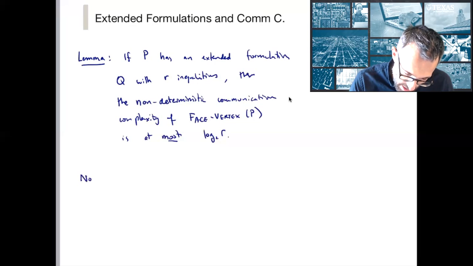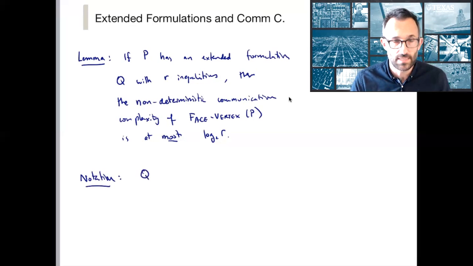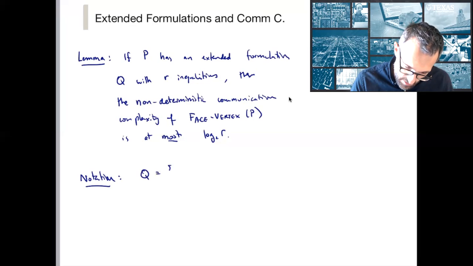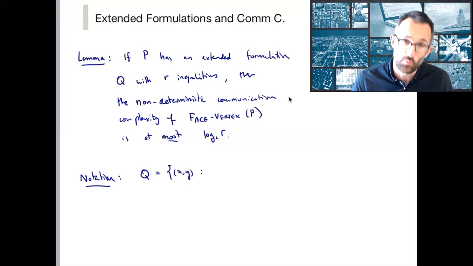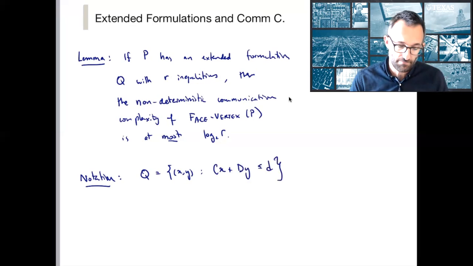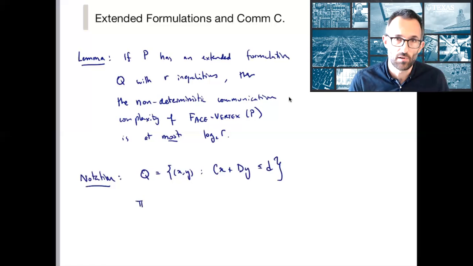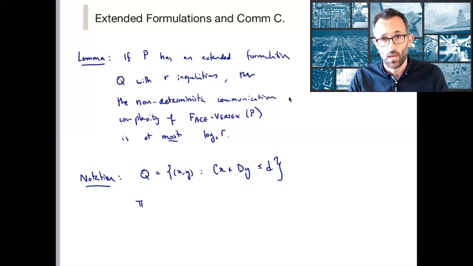So some notation that we're going to use for the duration is my polytope Q, which is the extended formulation. I'll write it as xy such that cx plus dy is less than d. And it'll be useful for us to keep track of what this affine map is from Q to P. Now, if Q has a representation like the way I've written it, the affine map is really just a simple coordinate projection.